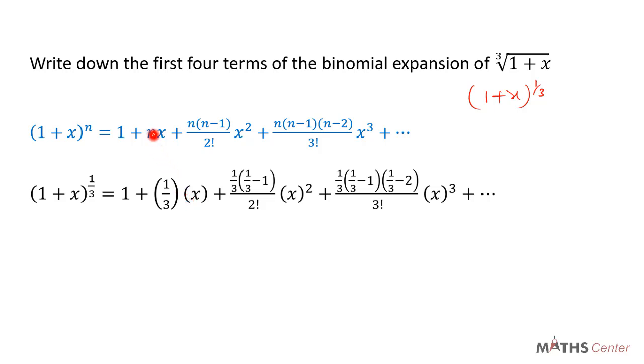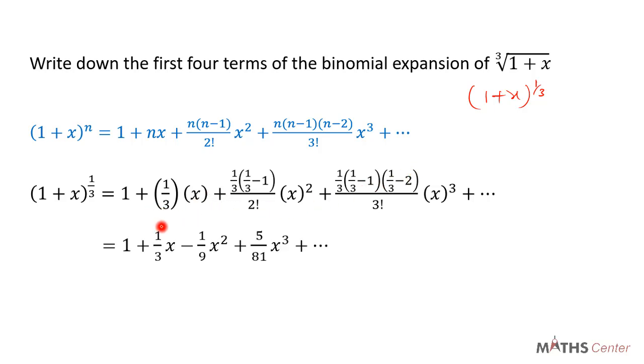The second term will be 1 divided by 3 times x. The third term will be 1 divided by 3 times 1 divided by 3 minus 1 divided by 2 factorial x squared. The fourth term will be 1 divided by 3 times 1 divided by 3 minus 1 times 1 divided by 3 minus 2 divided by 3 factorial x cubed. Then you bring the addition sign and the 3 dots to show that other terms also follow.